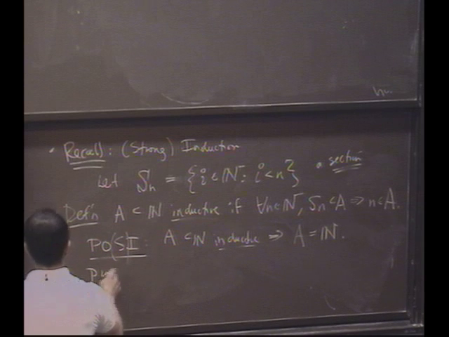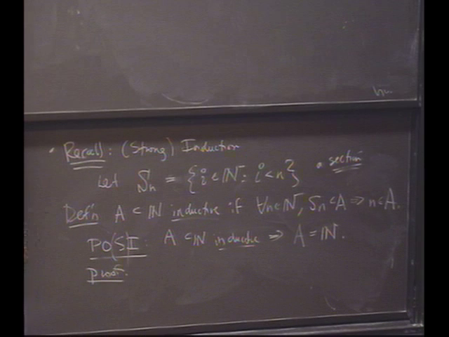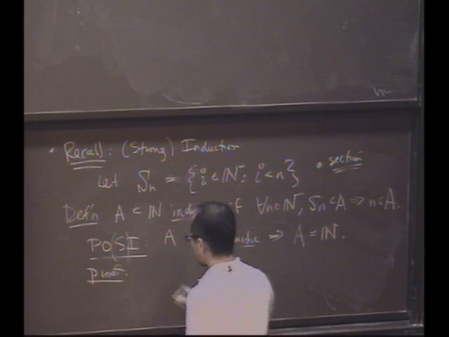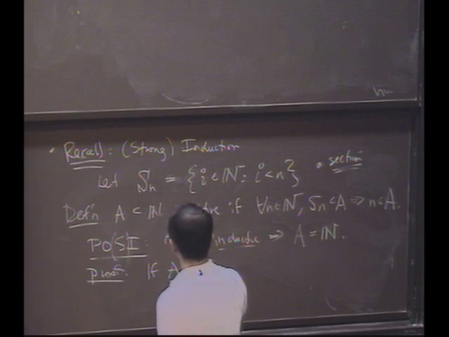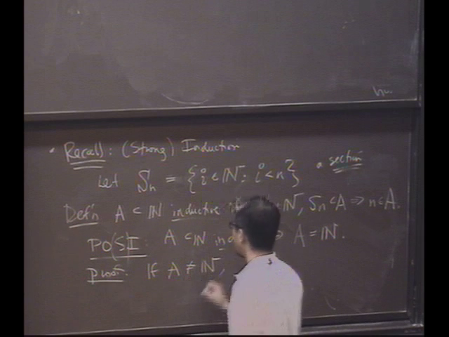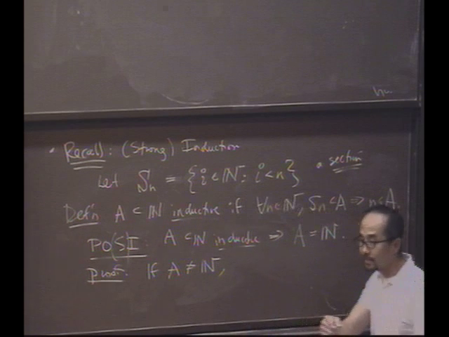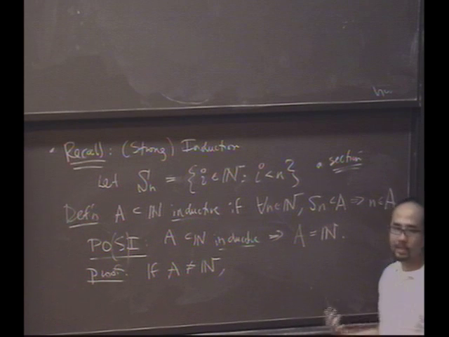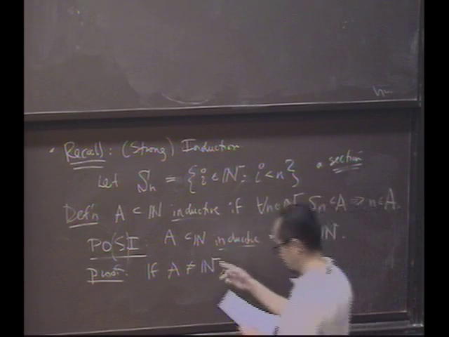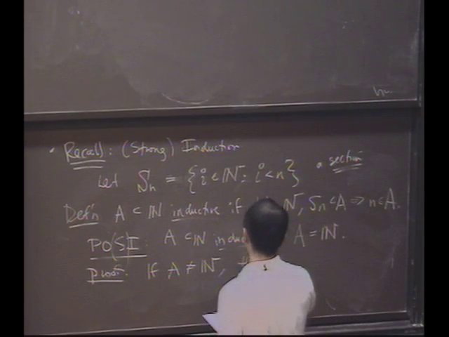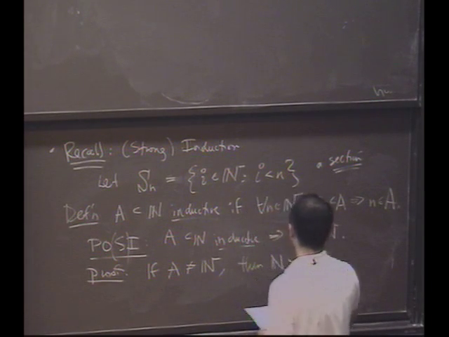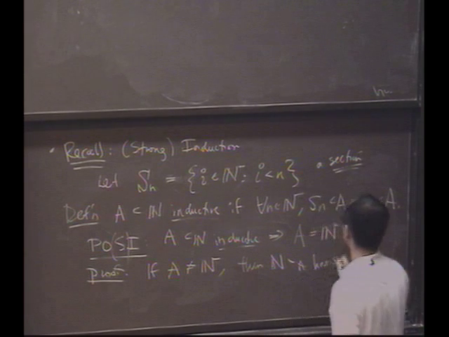Let's recall the proof. This is also something we did earlier. Why is it that if a set's inductive, it must be all of N? Well, remember, this is by contradiction. If A was not all of N, then there must be a smallest element that's not in A. Then N minus A has a smallest element.